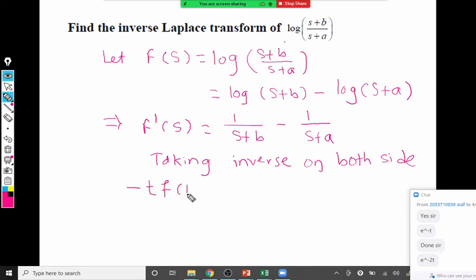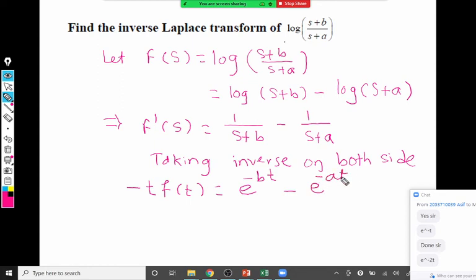Minus t into f of t, as we just saw. What is L inverse of 1 upon (s plus b)? E raised to minus bt. And what is the inverse of 1 upon (s plus a)? E raised to minus at.